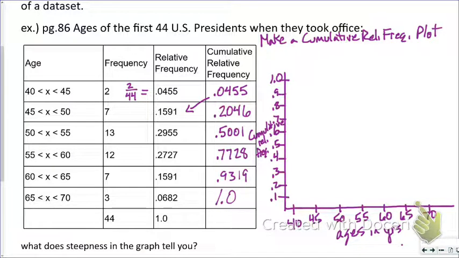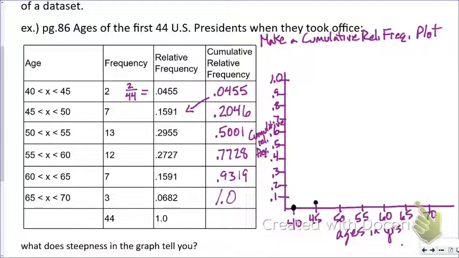I have cumulative relative frequency going on the vertical and ages on the horizontal. And now I just start making dots for each upper bound cumulative. So I do start at 0, because 0 presidents were younger than 40. And I'm going to make a dot at 0.0455.